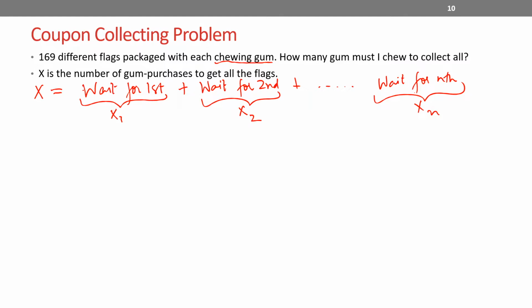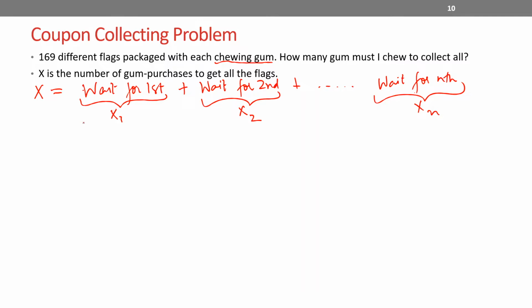Now, here's a slight variation: the success probability changes with n. Why? For example, I'm buying each chewing gum one at a time. Think about my first success.